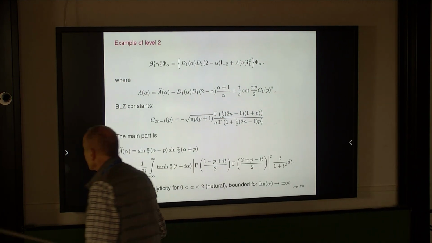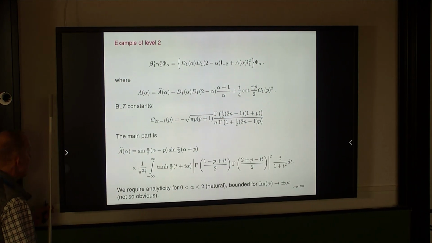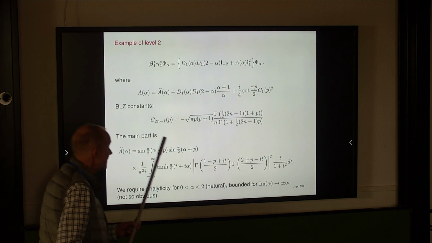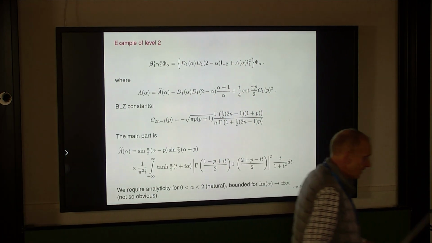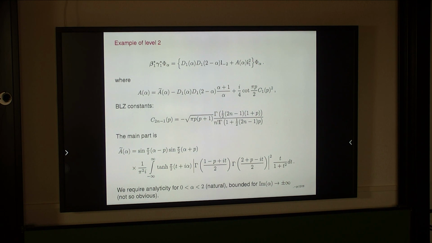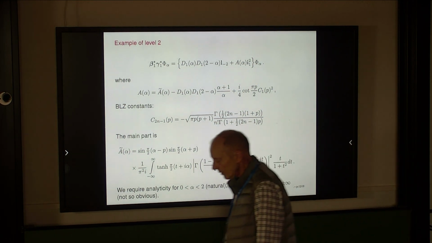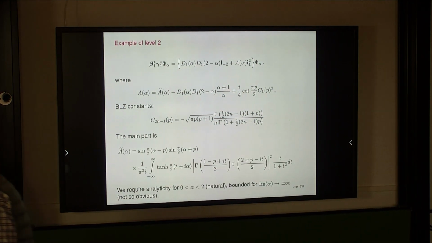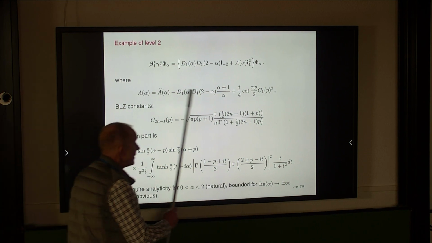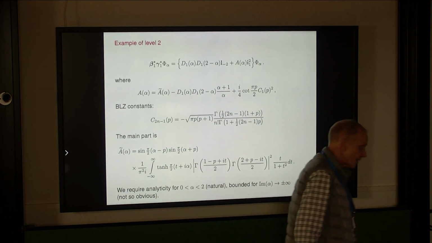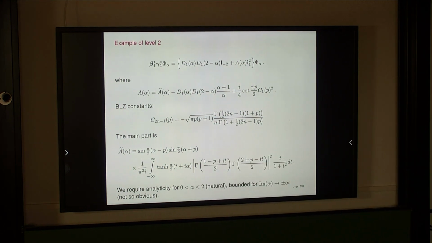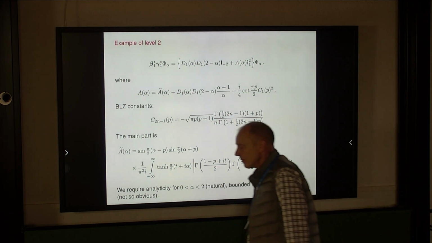Then let's consider an example of level 2. Level 2 was trivial for the quotient space case, because the fermionic basis was found just by this gamma function, because the matrix was 1 by 1.